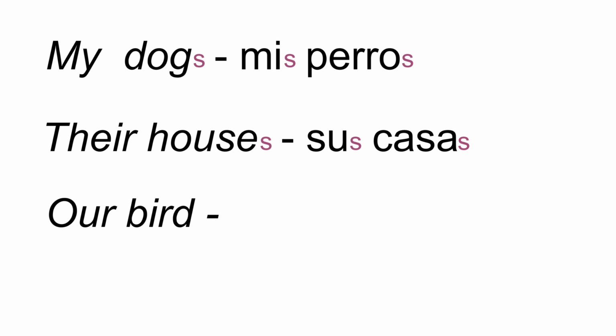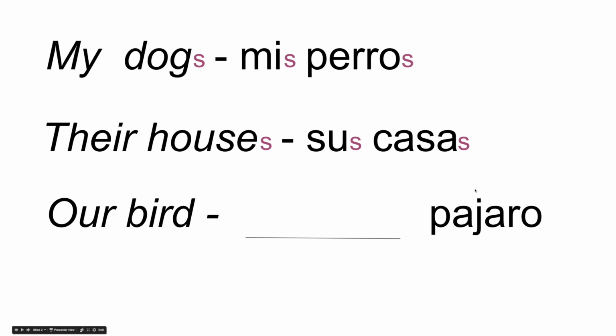Okay, our bird. Think back, how do you say bird? I'm guessing pájaro. Sorry, I didn't put an accent in here. Now, think, how many birds are there? One. So whatever you put in this blank is going to be singular. This ends in O. So those four choices that you had for our, nuestro, nuestros, nuestra, nuestras, choose the one that sounds right.